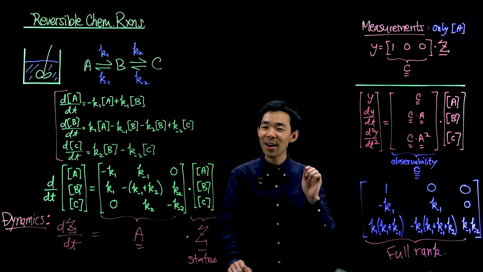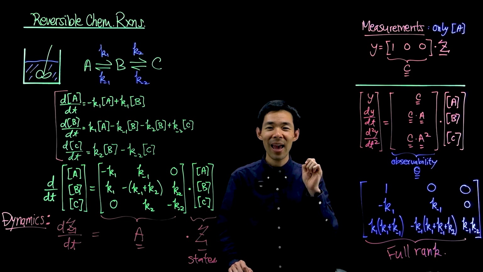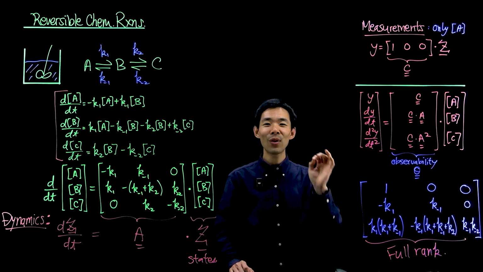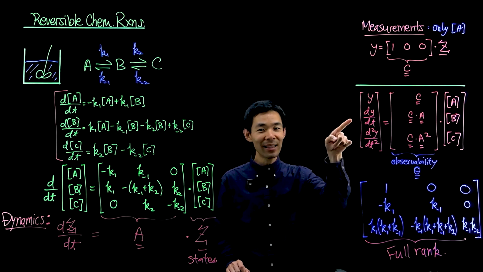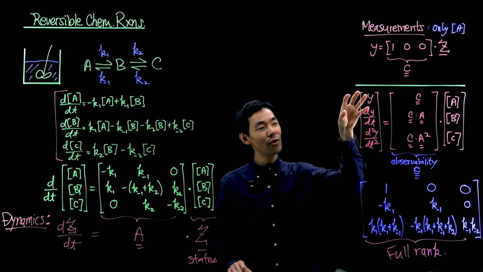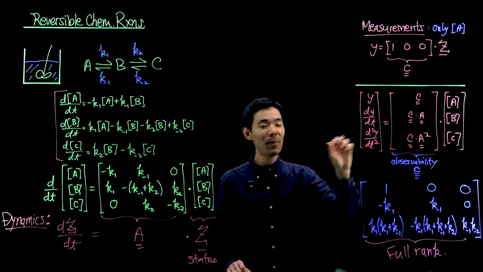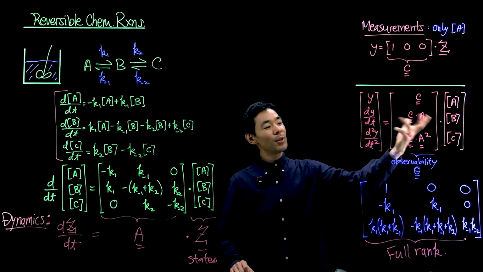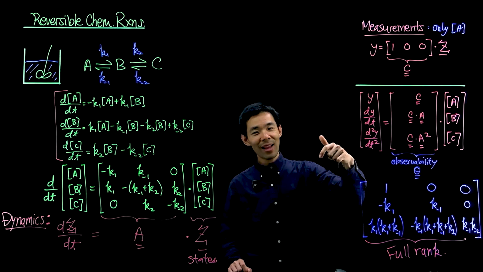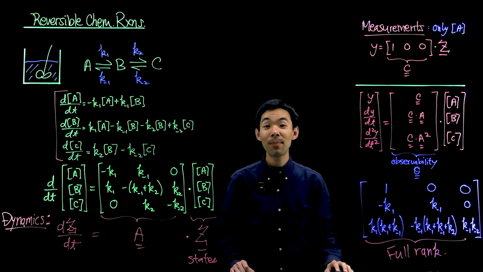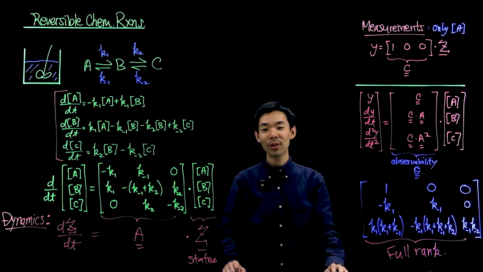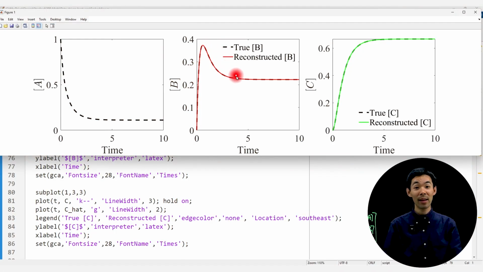Once again, I only measured A. The concentration of A, embedded that in time. So I measured my current A, past A, 2 past A's, taken the observability matrix, inverted that, and now we have an estimation of the chemical species B, and that's what's plotted in red.